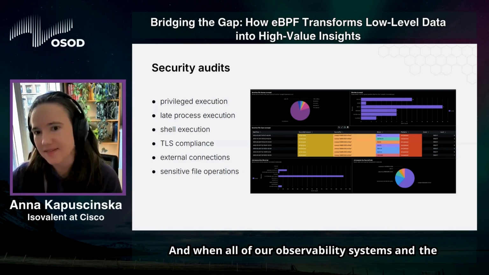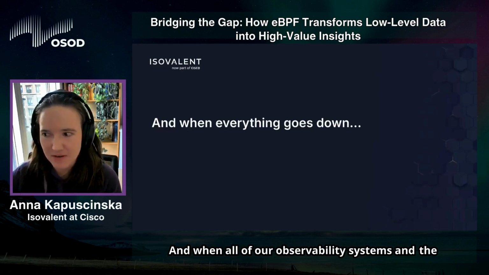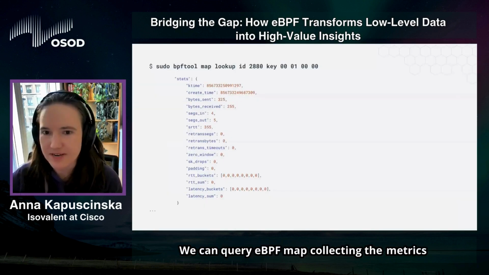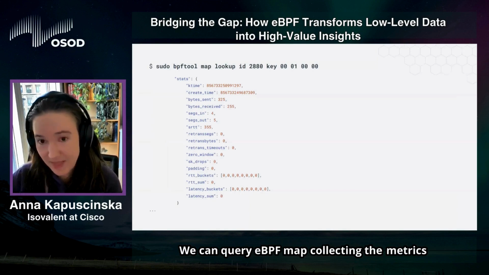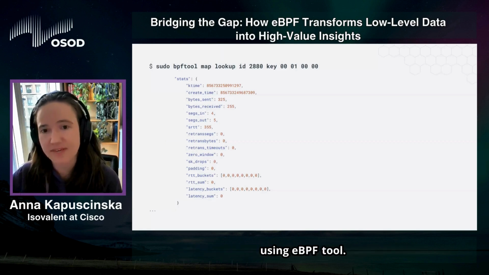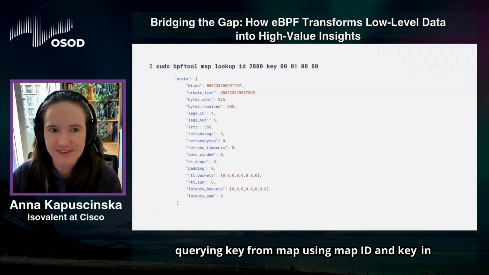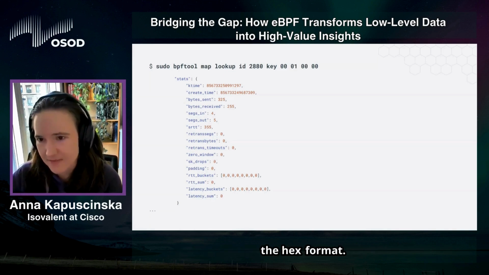And when all of our observability systems and the dashboards go down, what we can do is query the BPF map, collecting the metrics using bpftool. This is terrible. This is a very obscure command where I'm querying a key from a map using the map ID and the key in hex format.